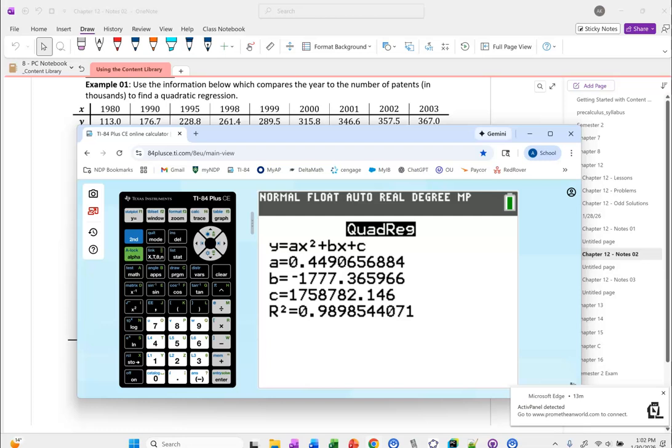In the place of A, you write the number for A, and then x squared. In the place for B, you put the number for B, and then the x. It just tells you what to fill into the formula. Is the r squared part of the formula? No. The r squared is different. It's a measurement of how good of a fit your model is to your data.